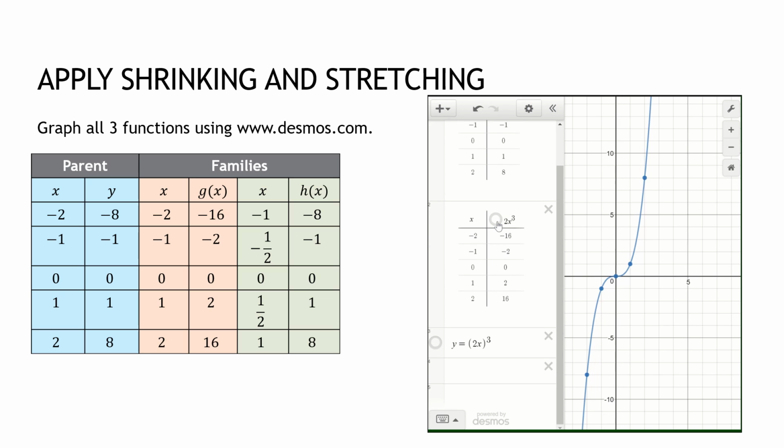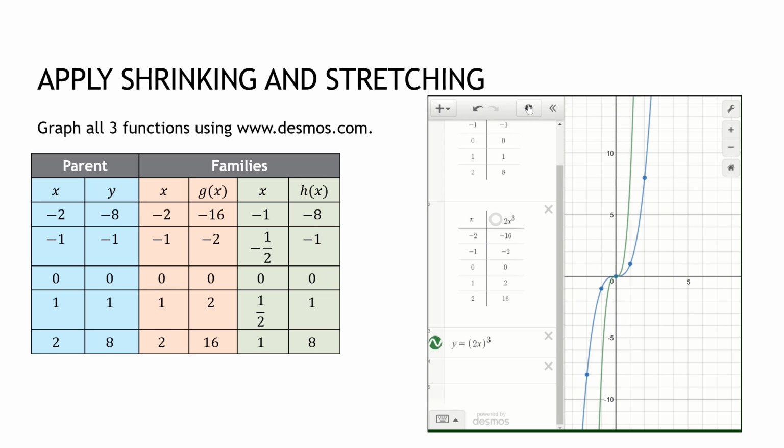Let's get rid of that one for a second and take a look at the second transformation, which was a b value of 2. Now a b value of 2 is a horizontal change, and it's actually a shrink with a factor of 2.